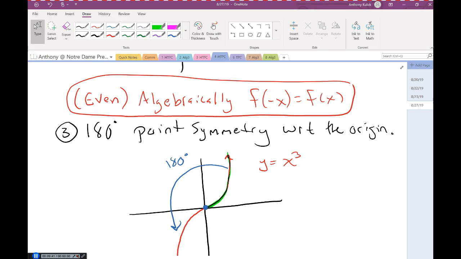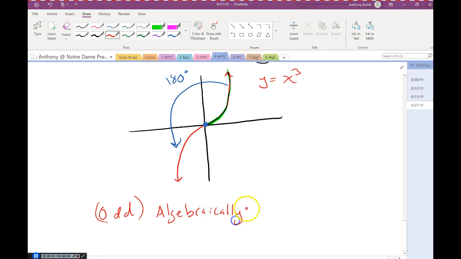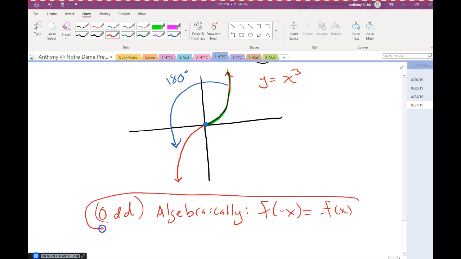And for this third situation, this also has a special name. We call these odd functions. And algebraically what we need to have is that f of negative x equals negative f of x.